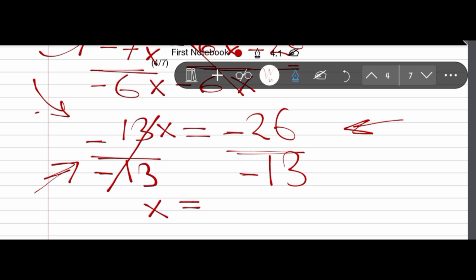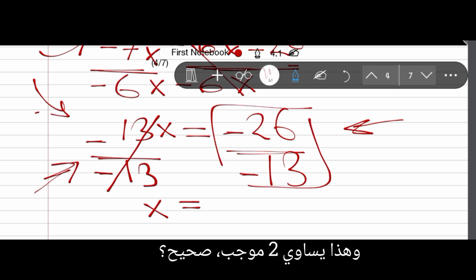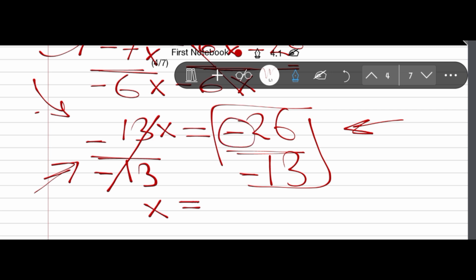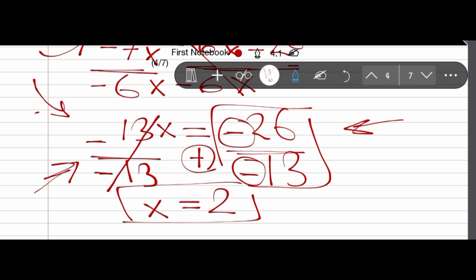So the left-hand side just becomes an x. x is equal to negative 26 divided by negative 13. Well, that's just positive 2, right? A negative divided by negative is a positive. 26 divided by 13 is 2. And that is our answer.